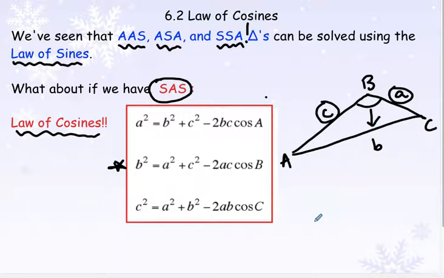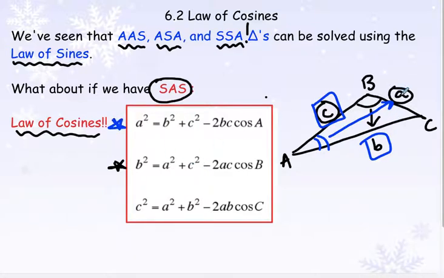And it doesn't really matter what information. Here, I'll just use the same picture, but I'll use different colors. So, for example, if I'm given side B and side C and angle A, then I can find the side across from angle A. So I'd be referring to this formula here.